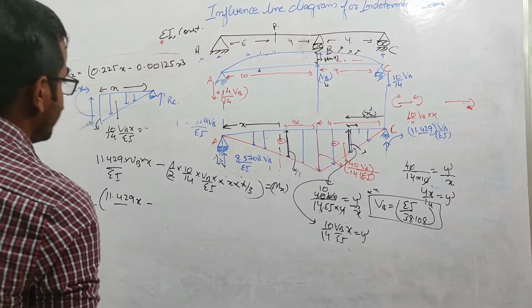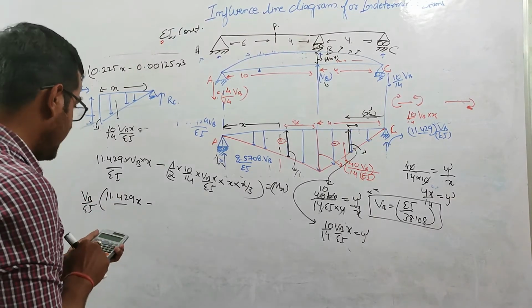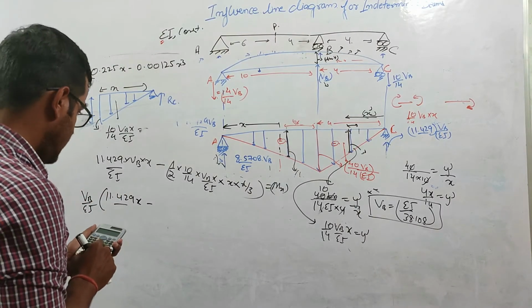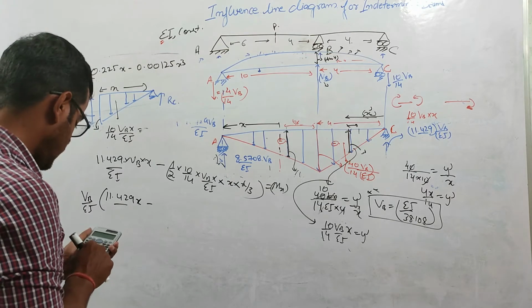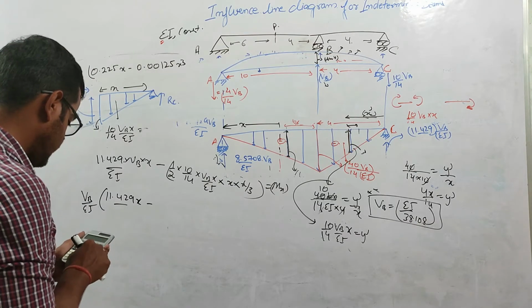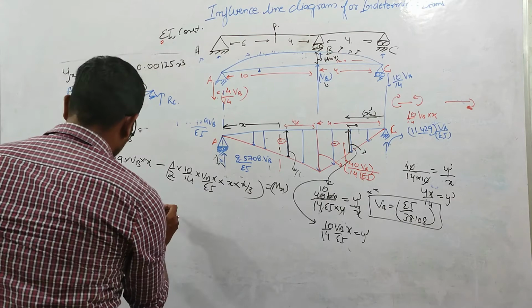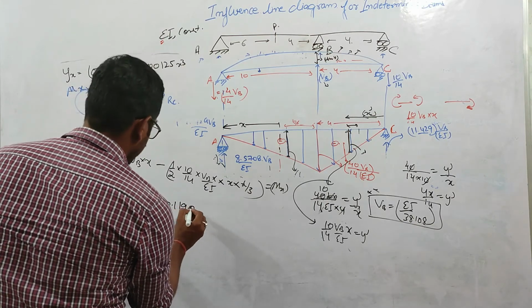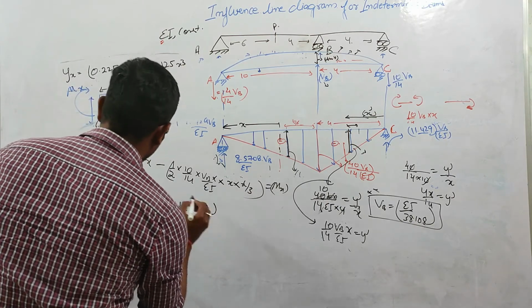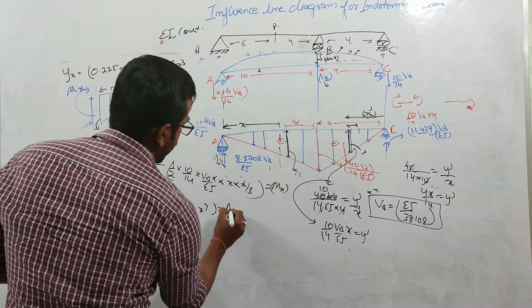If I calculate this expression, the value comes out to be 10 divided by 3 into 2 into 14. So this value comes out to be 0.1190 x cube, which is equal to Mx.